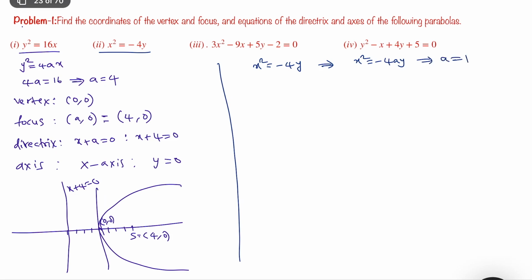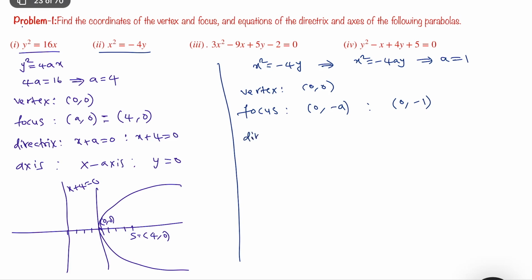Now we can answer everything. Again, the vertex is the origin. Focus is going to be, for this standard equation, 0 comma minus a. So it should be 0 comma minus 1.